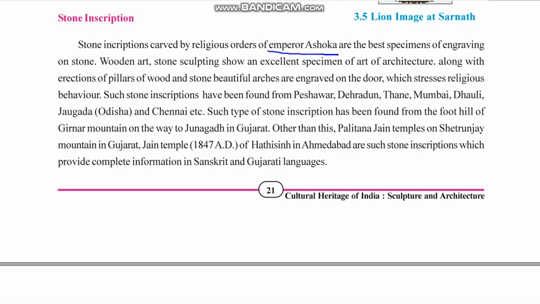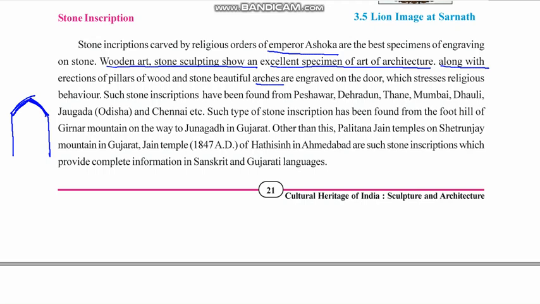King Ashoka had it made, done by the people of that time, and they are the best specimens of carving and engraving. Wooden art and stone sculpture show an excellent specimen of art and architecture, along with the erection of pillars of wood and stone, and beautiful arches. Now what is an arch? An arch is something like this. This particular part is called an arch.